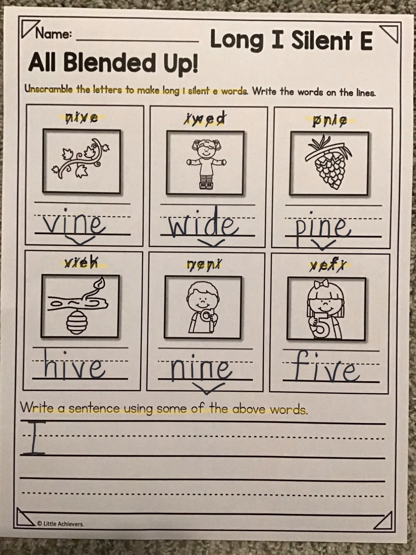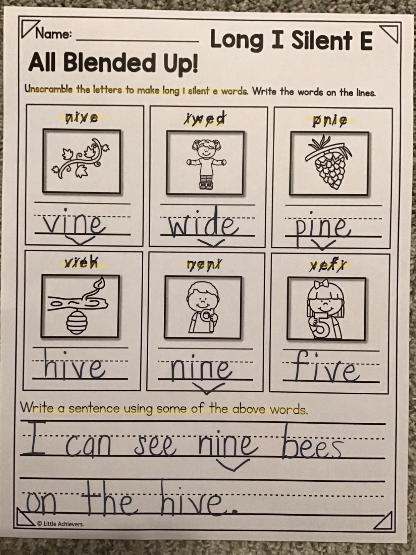I, finger space, 9, finger space, I see, 9, finger space, bees, on the hive, h, I, v, and a period to end my sentence. Way to go. Flip your paper over.